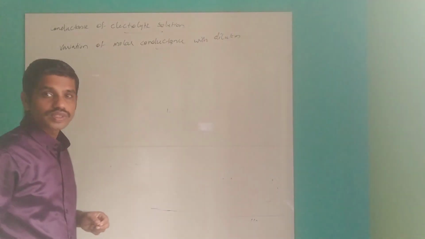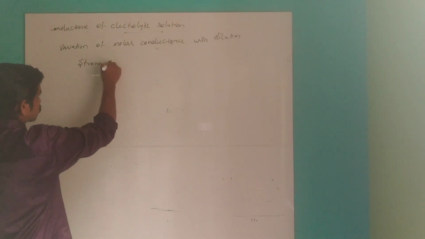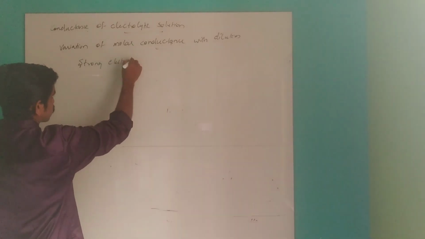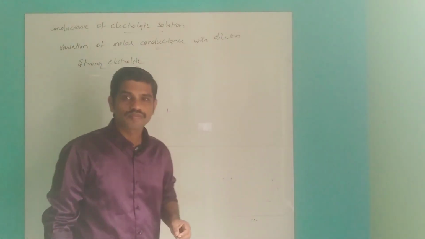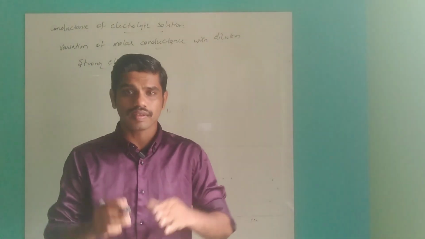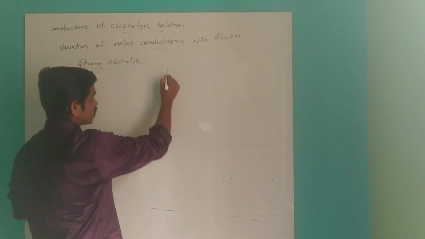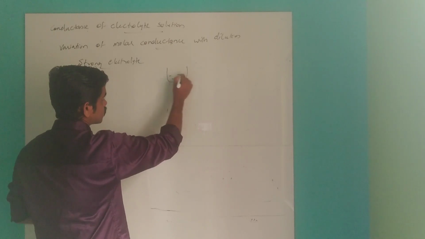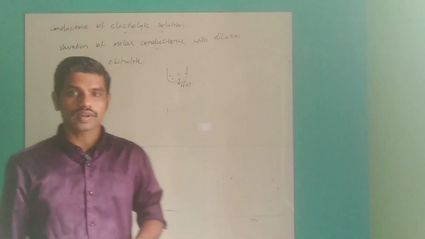So first we are going to discuss the strong electrolyte. So you know about strong electrolyte, it is highly ionized. Suppose you have taken a strong electrolyte HCl, you have taken 1 mole of the electrolyte.